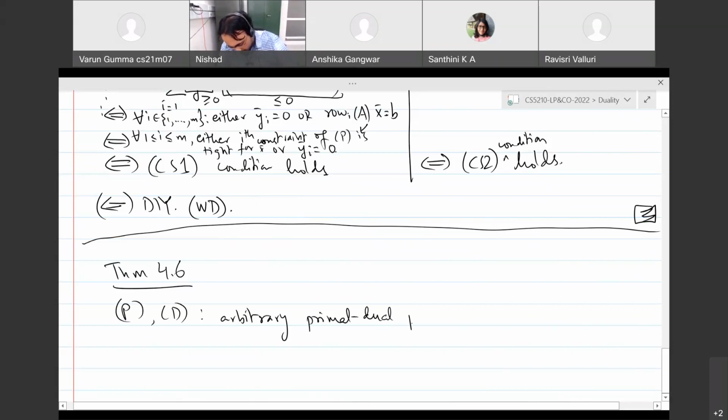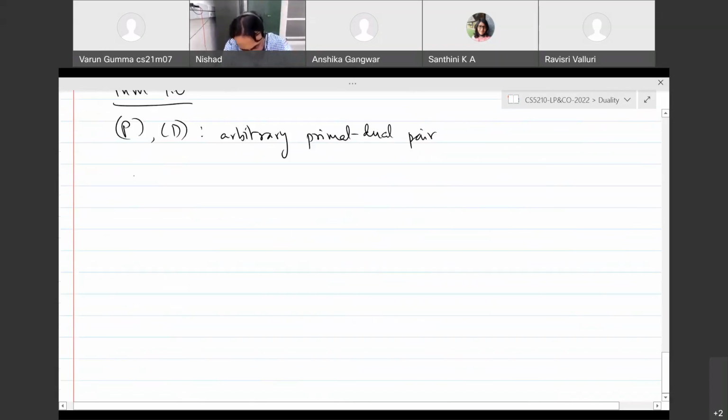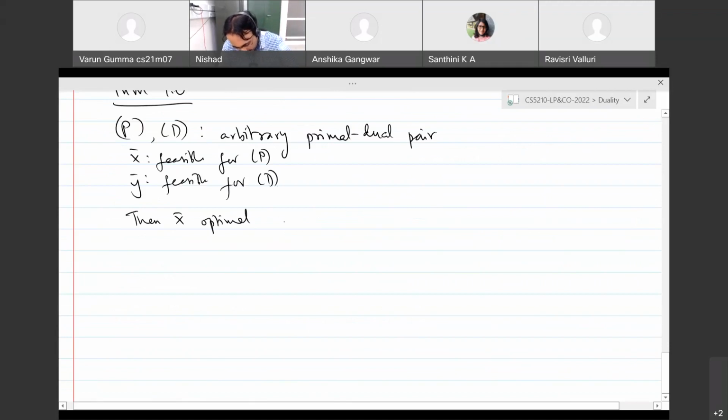It's just any primal dual pair of LPs. And let's say x bar is feasible for the primal, and y bar is feasible for the dual. Then x bar is optimal for the primal, and y bar is optimal for the dual, if and only if x bar and y bar satisfy the complementary slackness conditions.